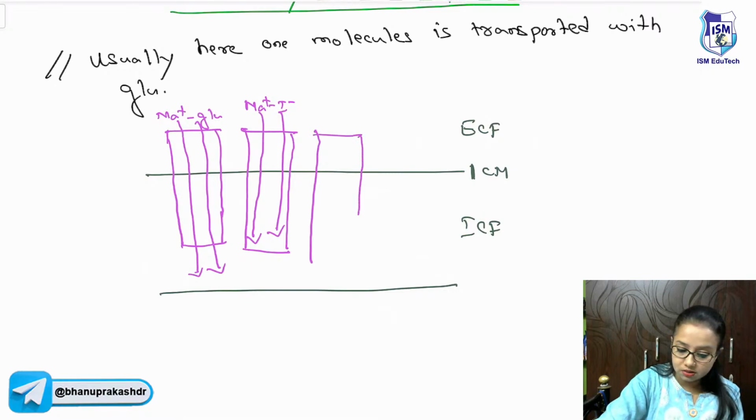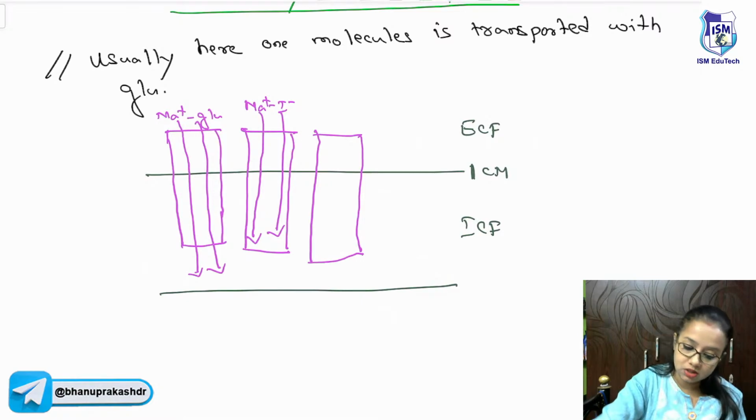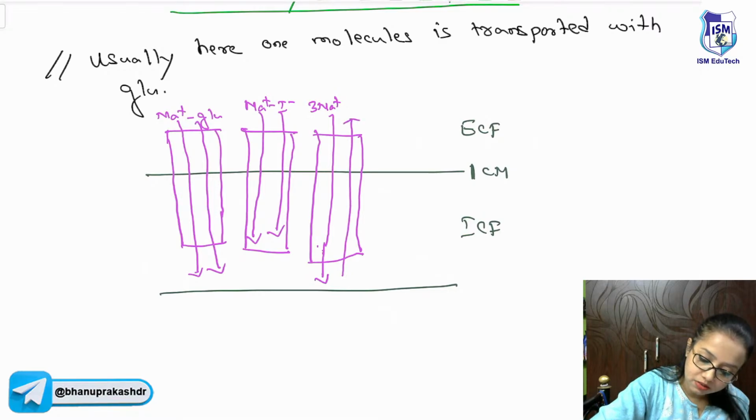Another transporter, which is sodium calcium exchanger, very commonly seen in the muscle, especially the cardiac muscle. Its function is very important in the cardiac muscle. So here what happens actually, three molecules of sodium enter and one molecule of calcium leaves.